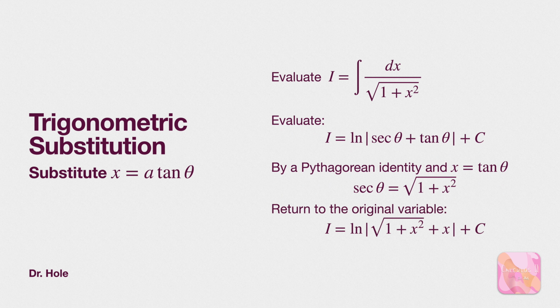Beautiful. So plugging this in, tan theta is just x, and secant theta is the radical term. And that's it. Very nice.